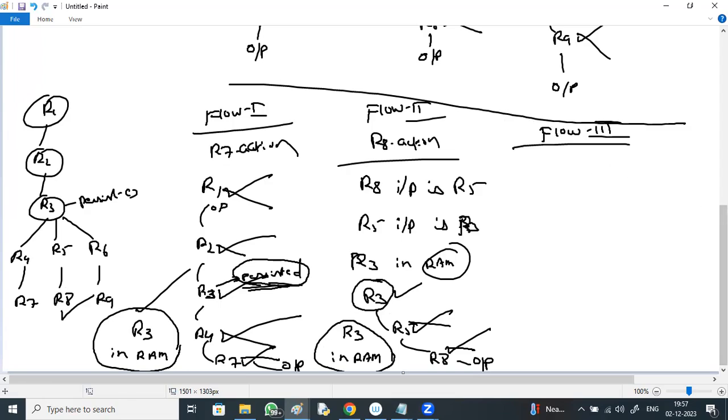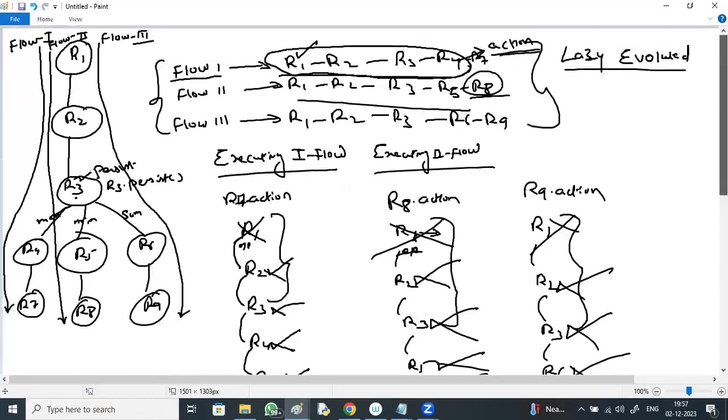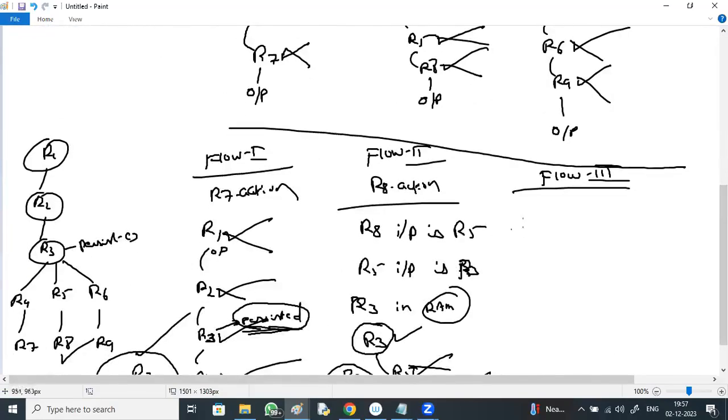If you want to execute flow 3, on which one do I need to perform the action? On the last one, R9.action. From where does R9 get its input? R9's input is R6. R6 is not present in the RAM. R6's input is R3.